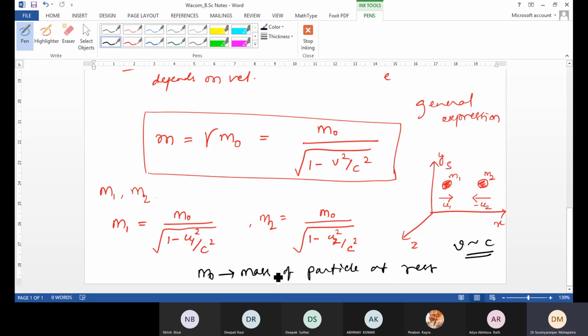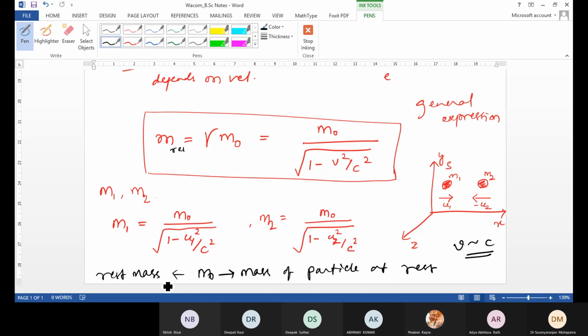So this m naught is the mass of the particle at rest, also called rest mass. Now I hope it is clear how the rest mass and the relativistic mass are related. If you want to write, you can write m_rel. So this is relativistic mass. Is it clear to all?